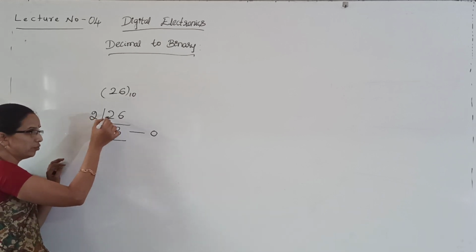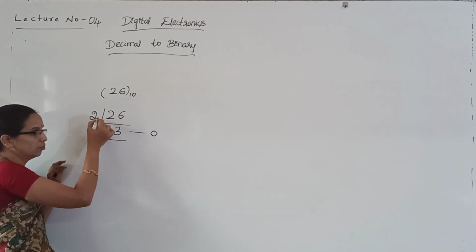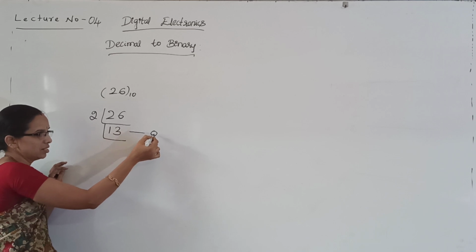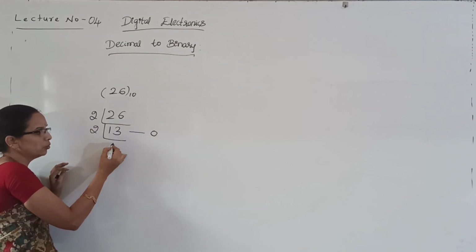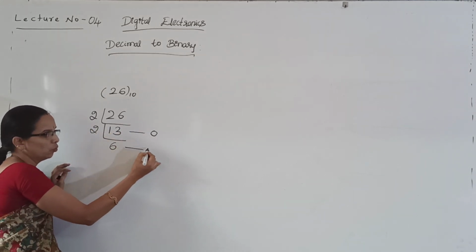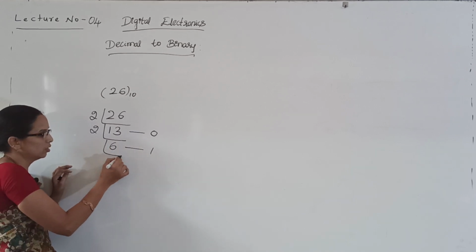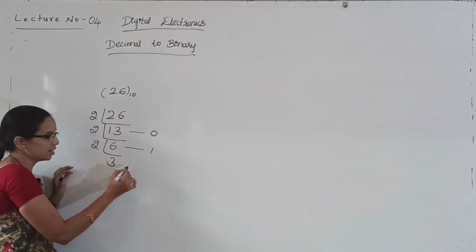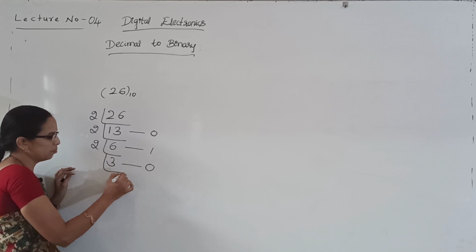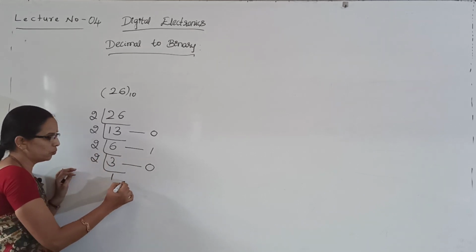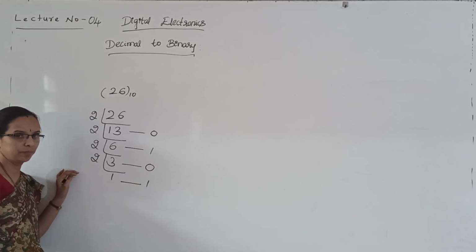Okay, 26 divided by 2: 2 13s are 26, 0 is the remainder. 2 6s are 12, 1 is the remainder. 2 3s are 6, 0 is the remainder. 2 1s are 2 and 1 is the remainder.